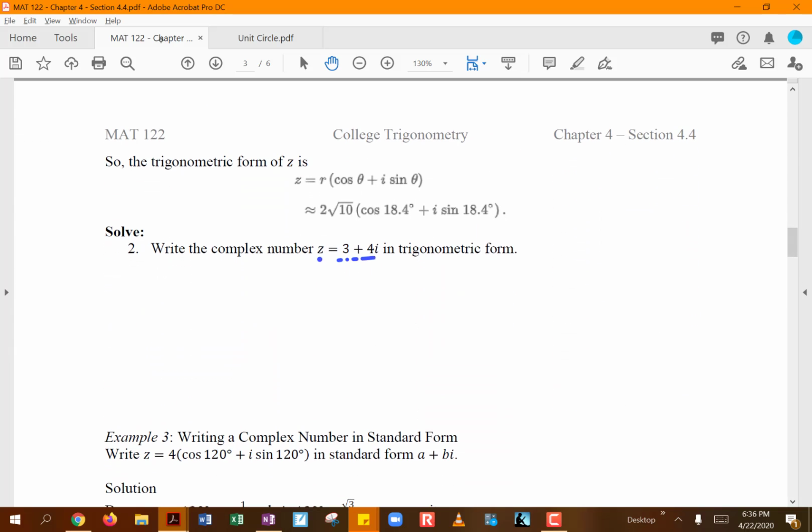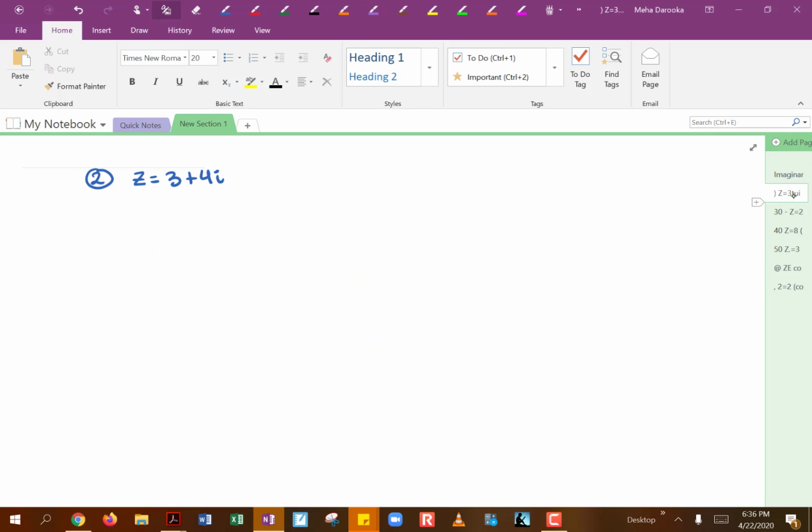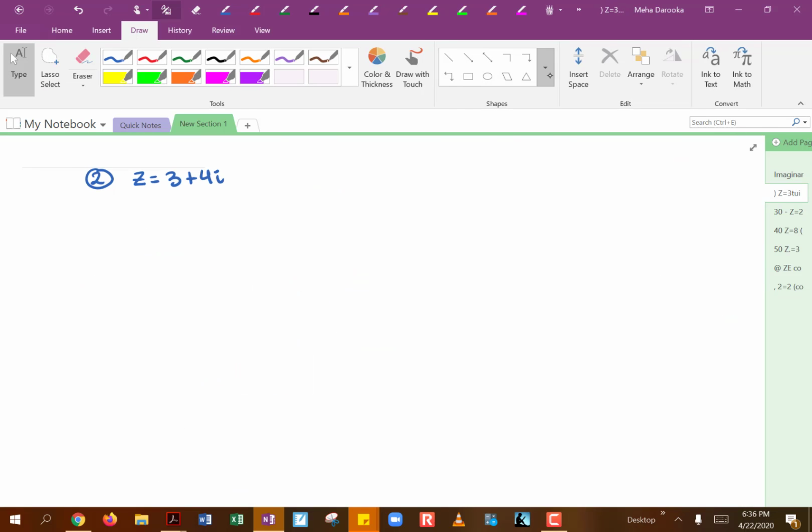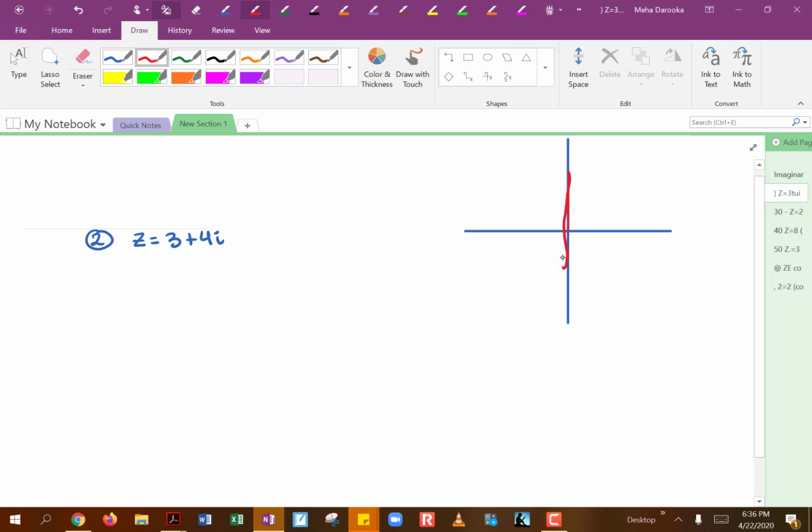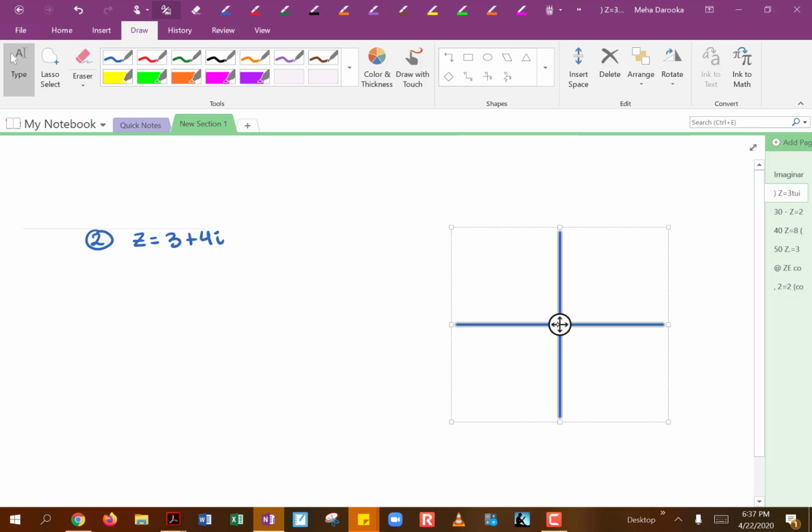so let's see what do we get for our example over here. Z equals 3 plus 4i. Alrighty, so again, let's go ahead and do a little graph over here so we can see what quadrant this falls into.